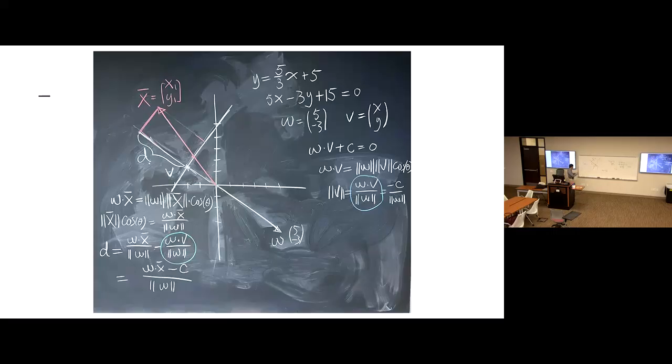So we can put them together, and the distance from this point to this straight line is this point times this W minus C, then divided by the norm. So this is the D we need to compute.